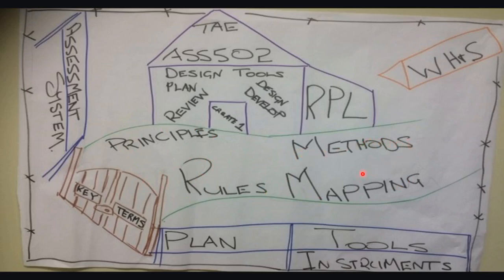What we're headed towards is the house that TAE ASS 502 built. And that house, basically, in terms of functional skills, we'll show you how to plan assessments, how to design the tools and develop them, and how to review them. And ultimately, we will be showing you, and you will have the opportunity of actually creating assessment tools as well.